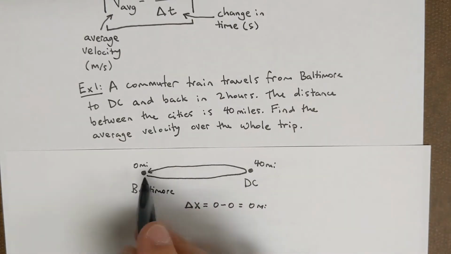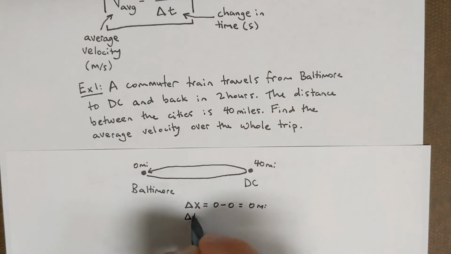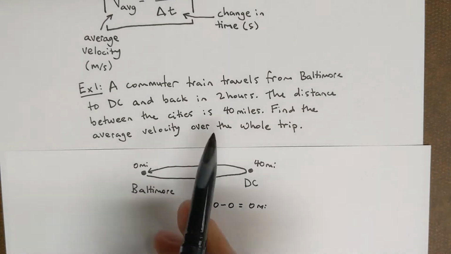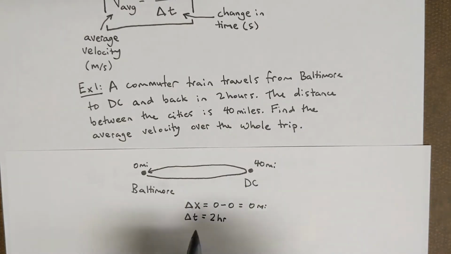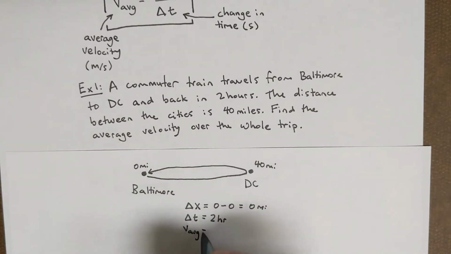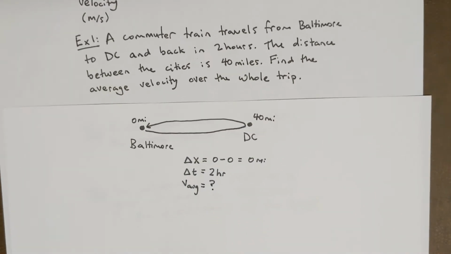Then the change in time, the time interval over which this motion occurs, is 2 hours. We're given this information in the problem, so let's write it down, 2 hours. And we're looking for the average velocity. So V average is our question mark. That's what we're going to be looking for.